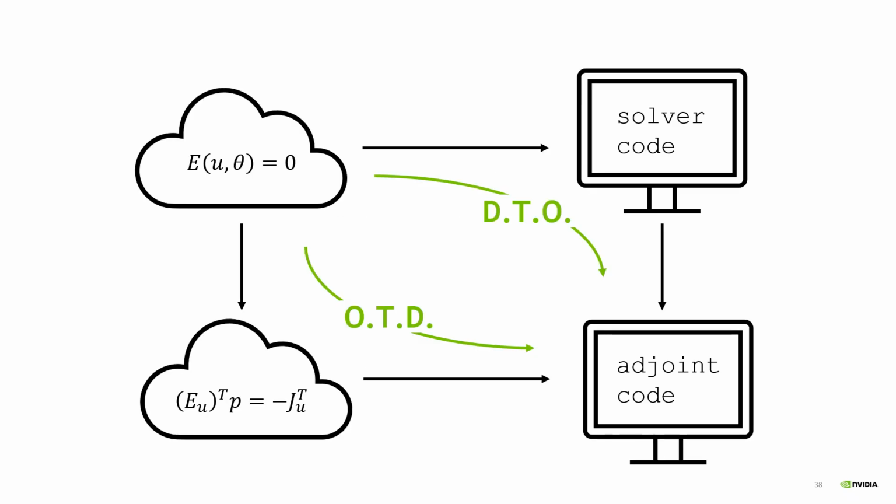This is summarized in this slide. The cloud is the math world, and the computer screen is where we deal with code. In DTO, we discretize a problem, get solver code, and then translate that into adjoint code. In OTD, we derive in the math world an equation for the adjoint, and then we discretize the adjoint.